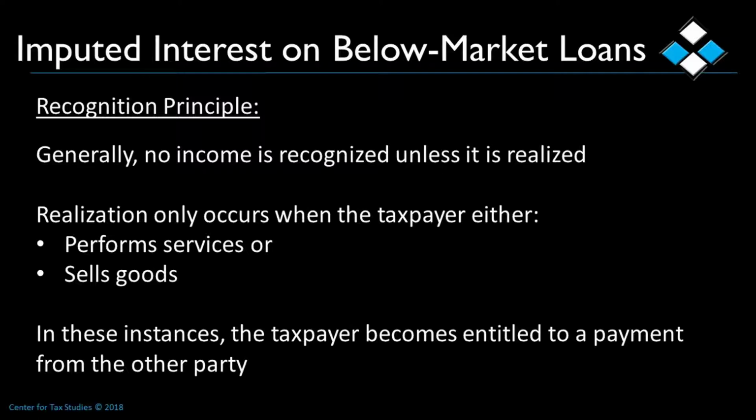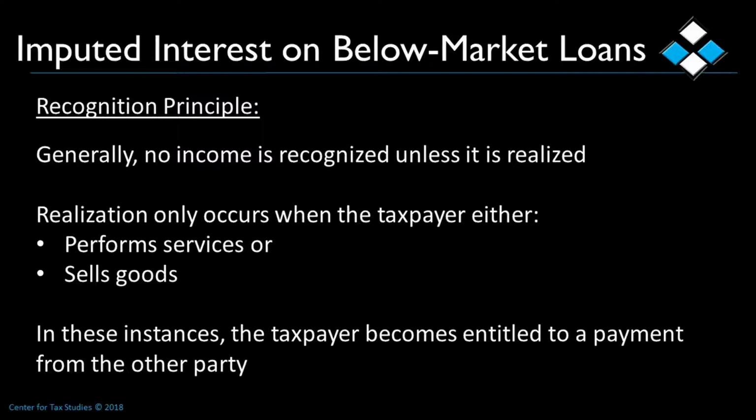But then it follows that no income is realized if the goods or services are provided at no charge, right? So in the example that I gave at the very beginning, when dad gives a loan to son, no income has been realized by dad, therefore he gets a better tax benefit, right?